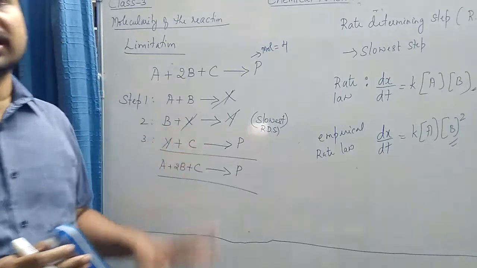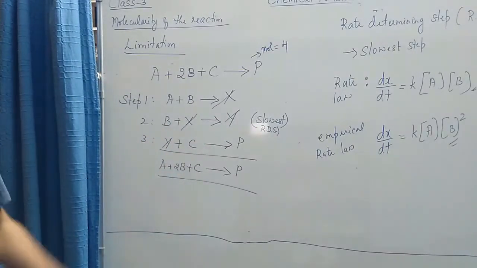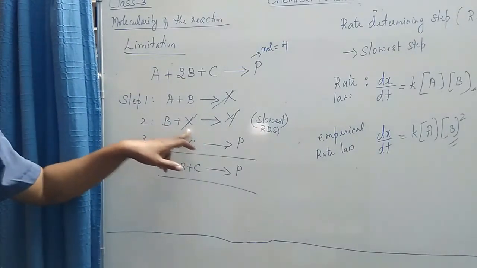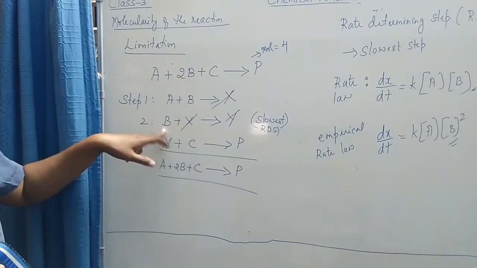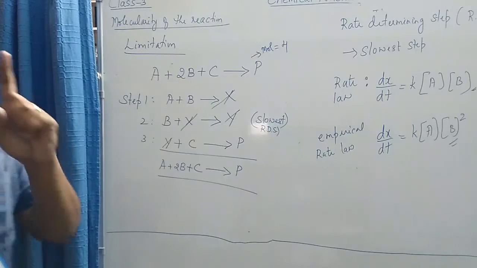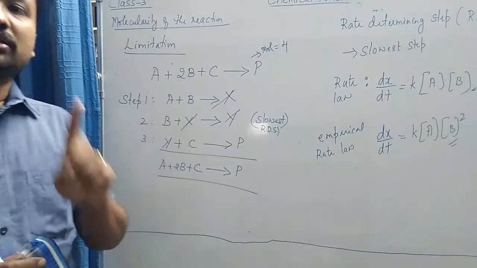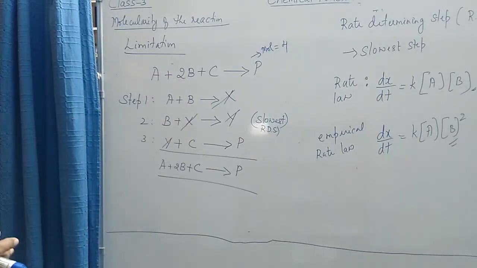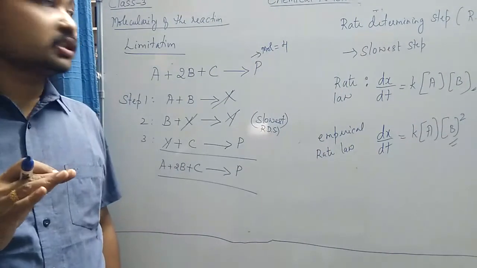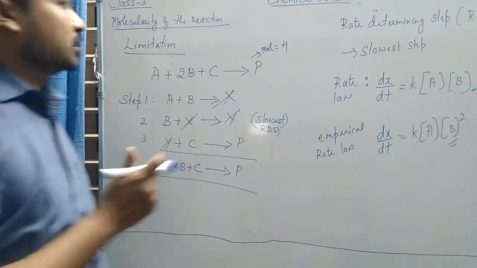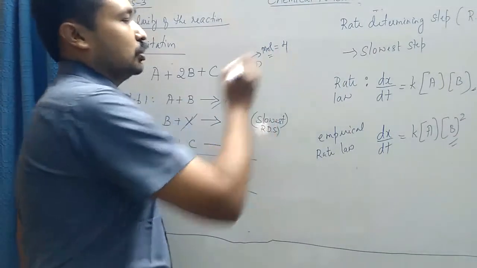only one concentration term affects the rate of the reaction. This X is an intermediate. You have only one original reactant involved in the reaction. So it is actually only one concentration term that affects the rate of the reaction. So there is a difference in the prediction made by molecularity.